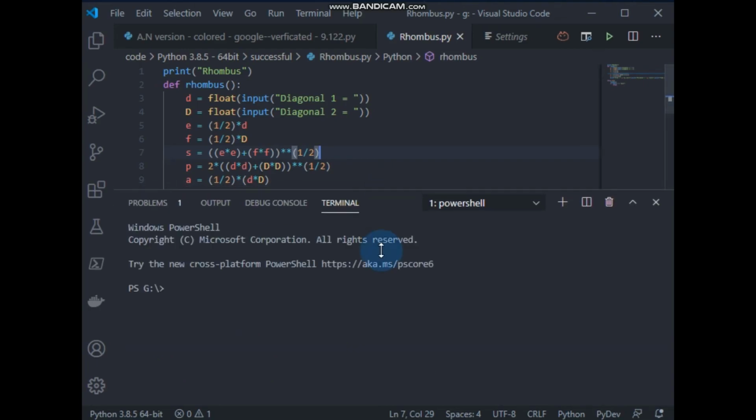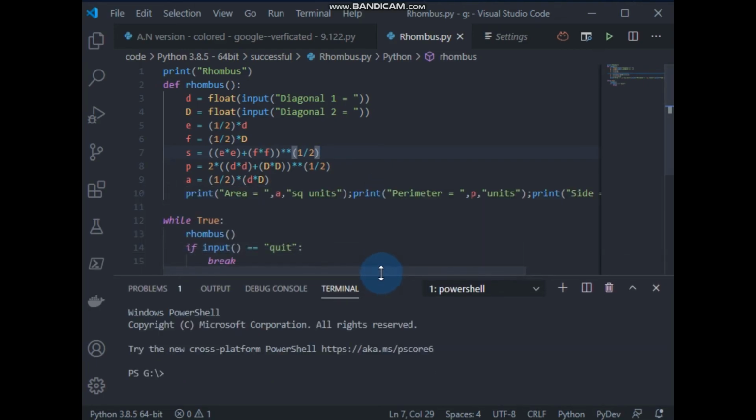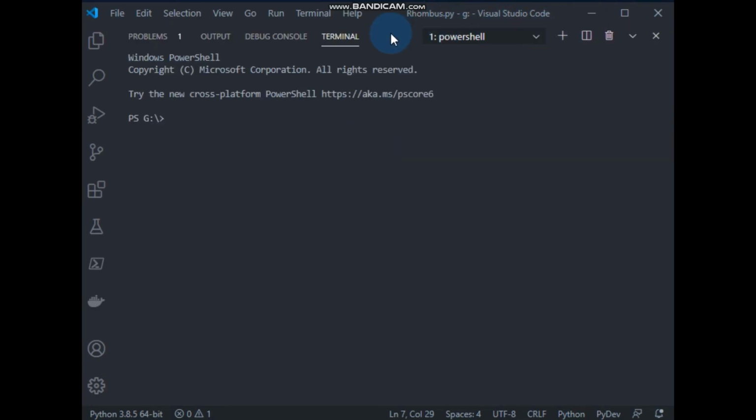Here I have a while loop to repeat the program infinite times.